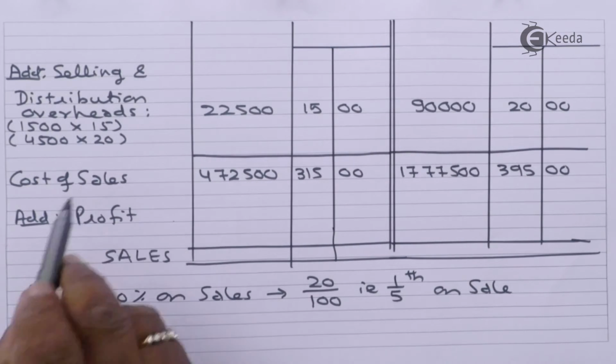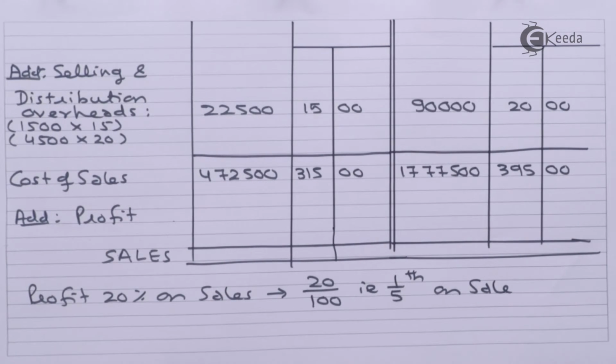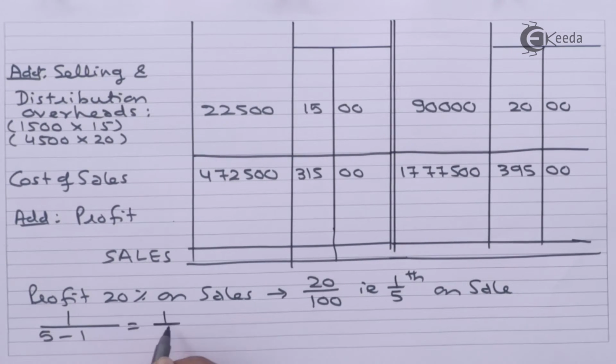We have cost here, so we are required to convert rate of profit on sales to rate of profit on cost. One-fifth on sales, so denominator 5 is there. We'll deduct 1, so it will become 1/4 on cost. So we'll add 1/4 to cost of sales to arrive at profit.